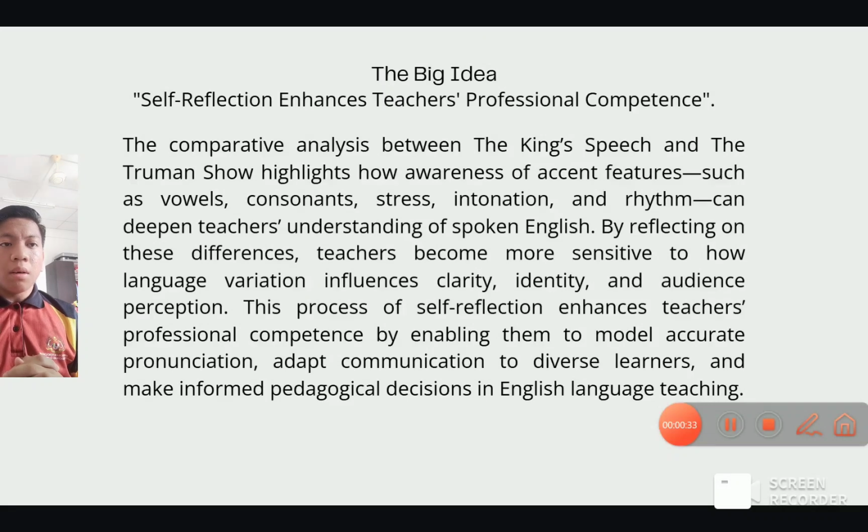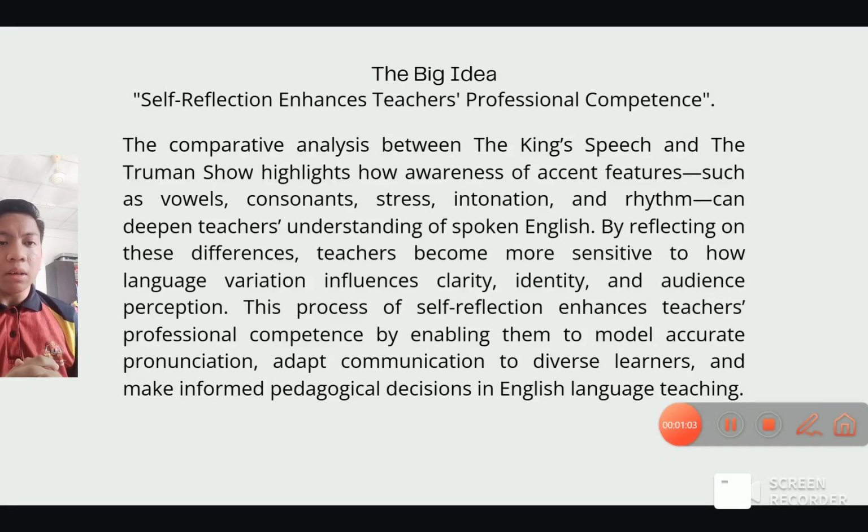We're going to start off with the big idea, which is that self-reflection enhances teachers' professional competence. This comparative analysis between The King's Speech and The Truman Show highlights how awareness of accent features such as vowels, consonants, stress, intonation, and rhythm can deepen teachers' understanding of spoken English.